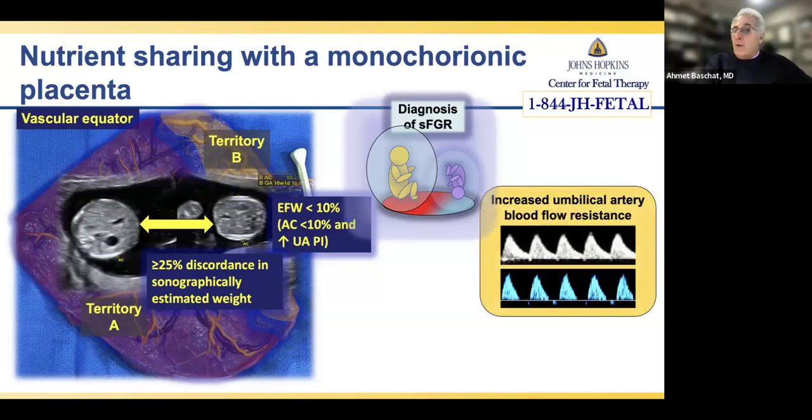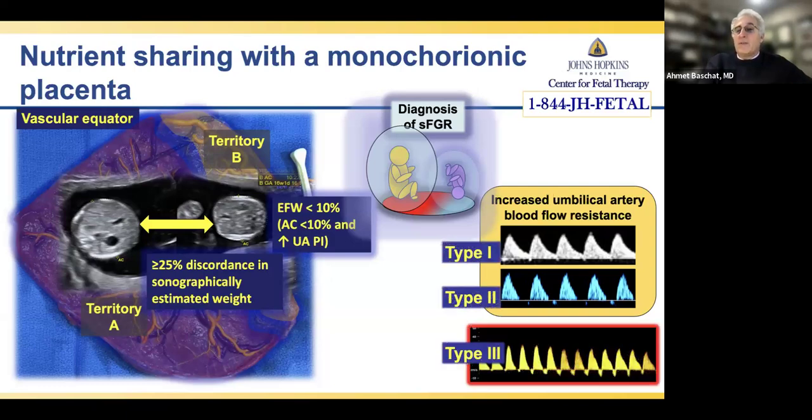And these babies are also at higher risk for placental dysfunction, which is best assessed by doing umbilical artery Doppler, where the clinical trajectory, and I'll come back to that, is significantly different whether the blood flow in the cord is forward, absent, or reversed, or if it is variable.